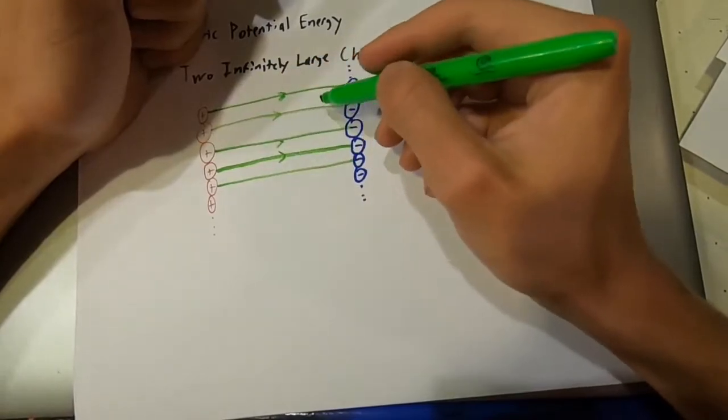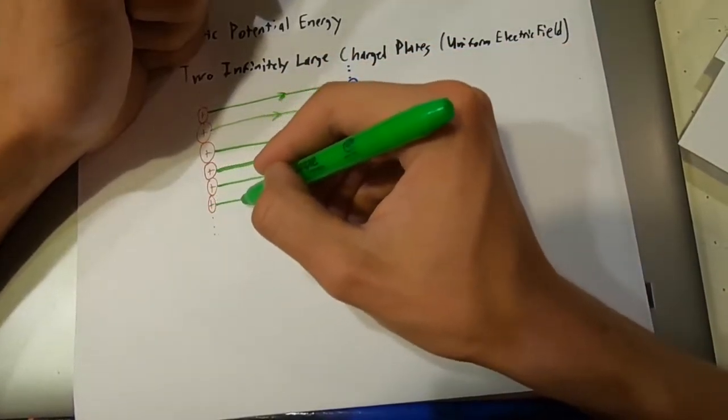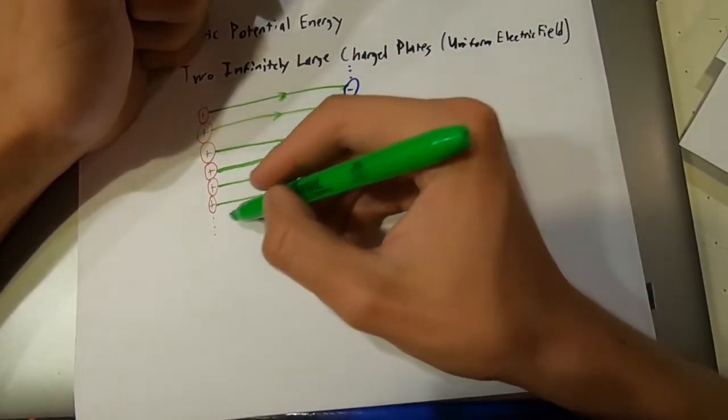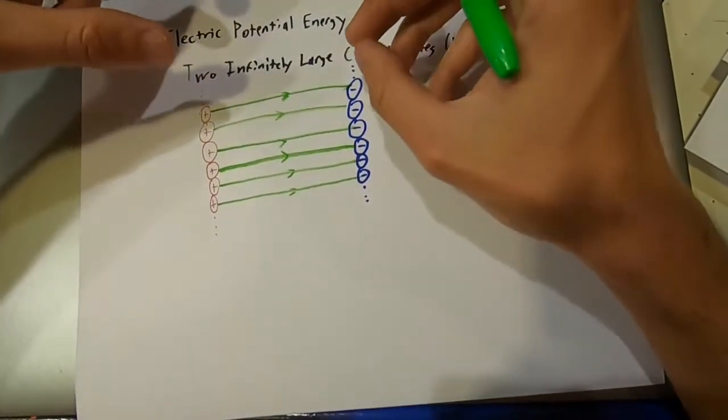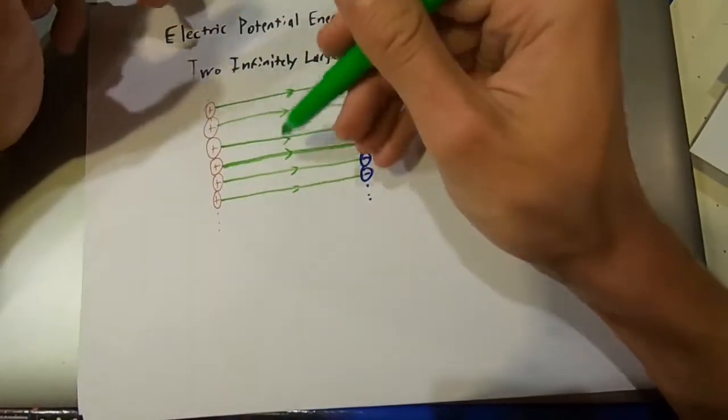So they're going out from the positive to the negative. And this goes on for infinity in that direction, on for infinity in that direction. But we're going to pretend that these are evenly spaced.